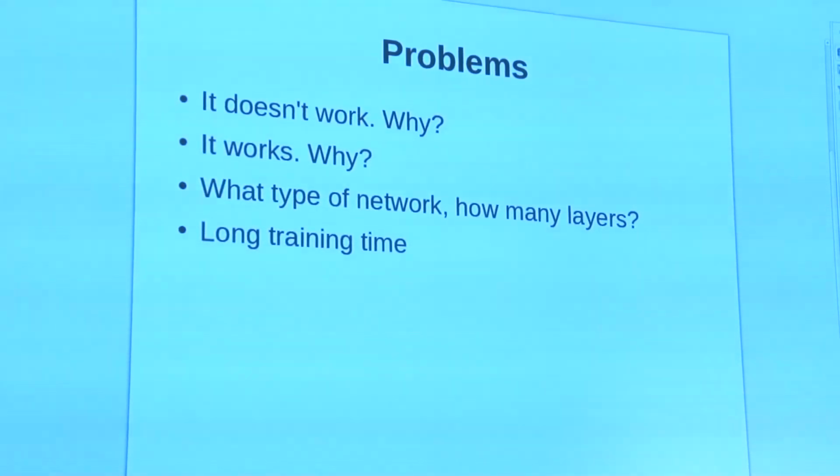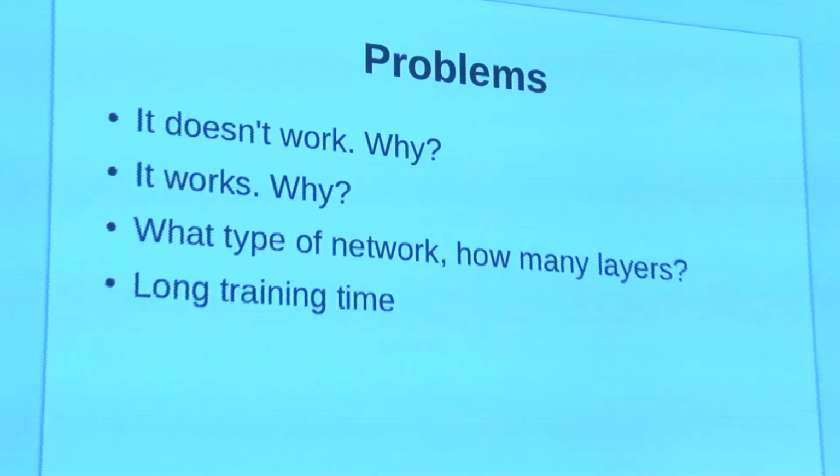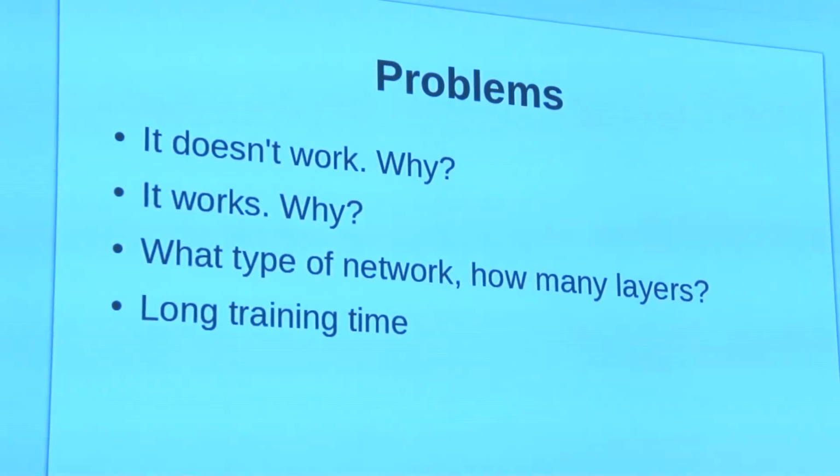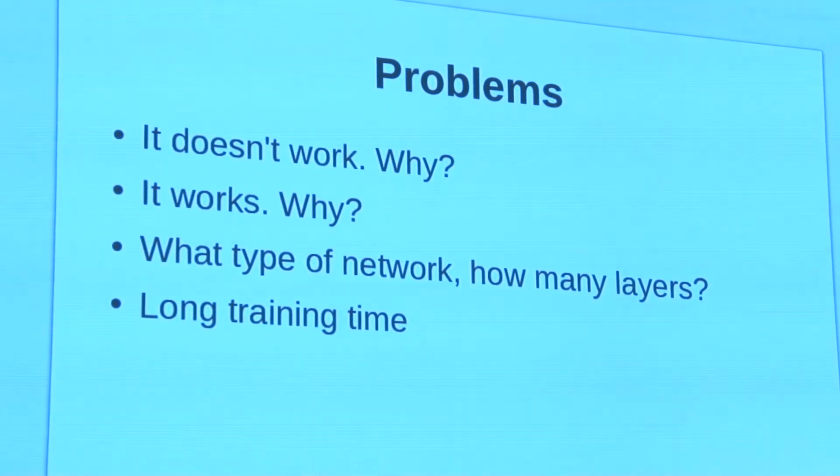Now, to finish, I will just say what are the typical problems when working with neural networks. Well, because you actually don't know what's going on. What's the meaning of the weights? We have explained the general principle and how it works, but you never know what's actually going on. If it doesn't work, you're not sure why it doesn't work.